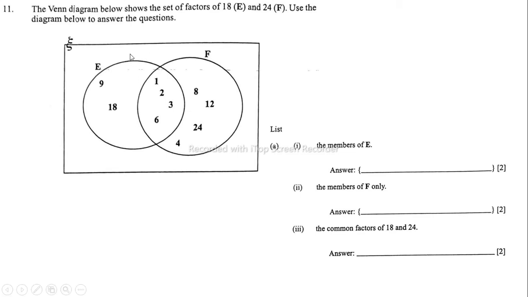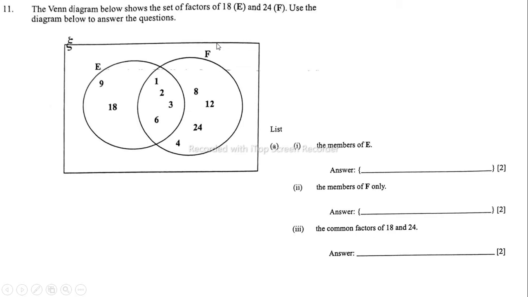Based on this diagram, what are the factors of 18? Can someone tell me? I want them in order. 1, 2, 3, 6, 9, 18. Very good.